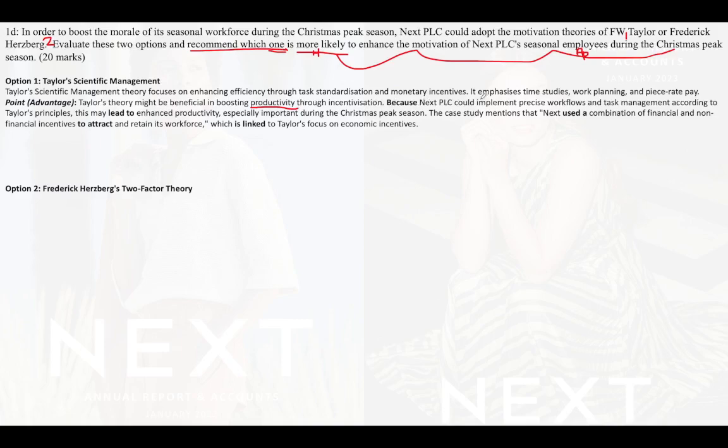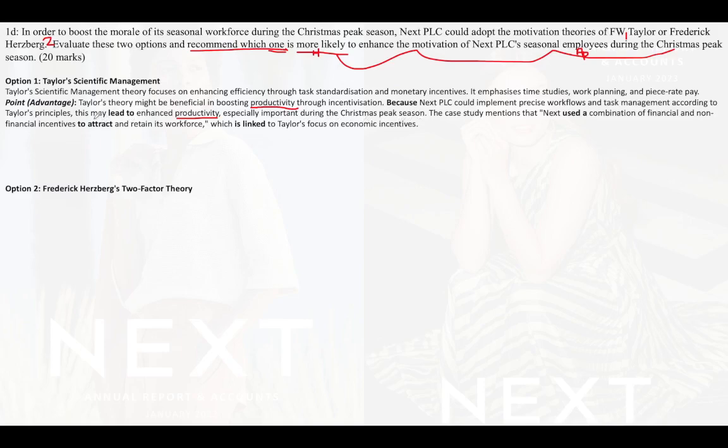Because Next PLC could implement precise workloads and task management according to Taylor's principles, this may lead to enhanced productivity. Oh dear. Especially important during the Christmas peak season. The case study mentions that Next used a combination of financial and non-financial incentives to attract and retain its workforce, linked to Taylor's focus on economic incentives.